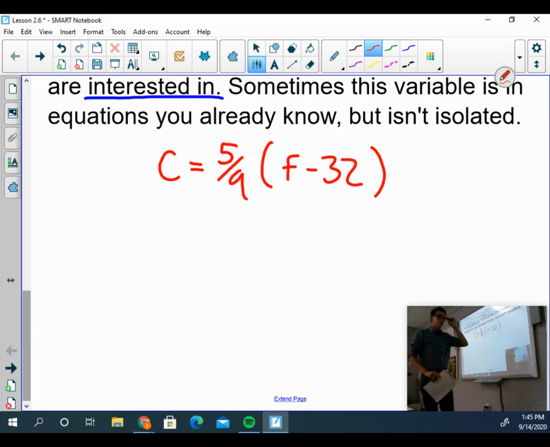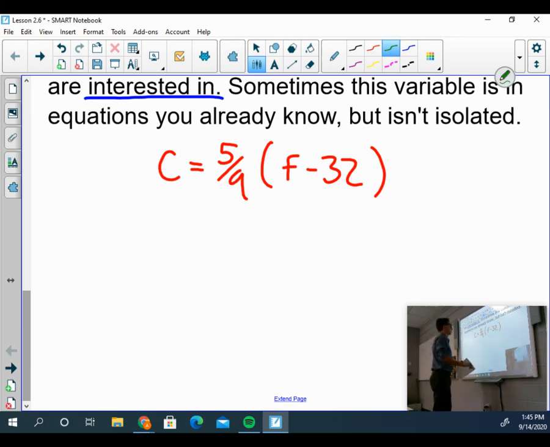This equation is the transition of temperature from Fahrenheit to Celsius. If you plug a temperature in Fahrenheit into this equation for F, you will get the output of degrees Celsius. But the question becomes, what if we have degrees Celsius and we want to find Fahrenheit? Well, it's a very real world application that we need to transition this equation around.